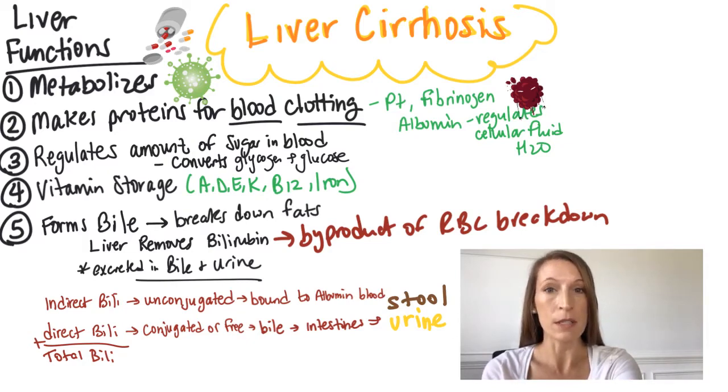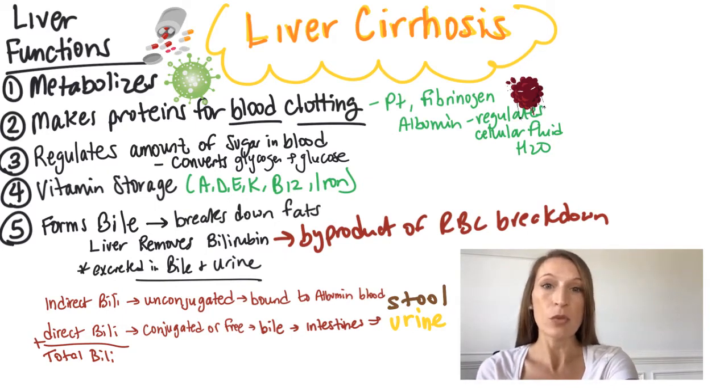So lab work is indirect bili, and that's the bilirubin that is actually bound to the albumin blood protein, and it circulates through the liver. And then there's a direct bili, which is free, it's just floating around in the body, and it goes through the bile, and then it goes out through the intestines, and either goes out through stool, or it gets reabsorbed and gets put back out through urine.